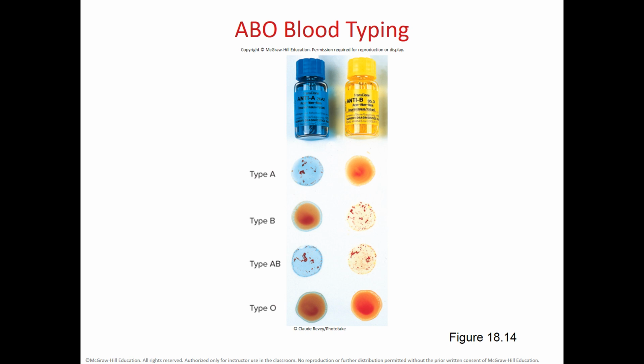Now, this positive or negative comes from another antigen that wasn't shown in the previous slide. This antigen is known as D antigen or Rh antigen. And this also can be tested with antibodies that are not shown in here, but are known as anti-D antibodies.